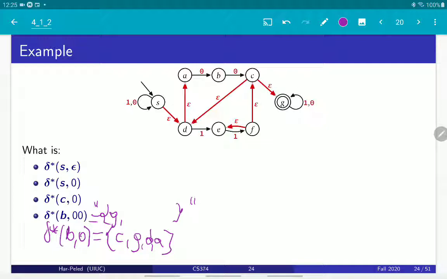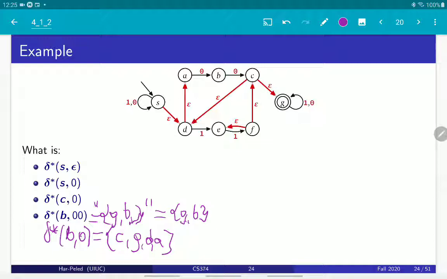G, we can stay in G. D, if we get a 0, we don't do anything. A, if we get a 0, we go to B. So this is G and B, but unfortunately they don't have any epsilon transitions, so this is really just G and B. Okay. So that's the transition function here.